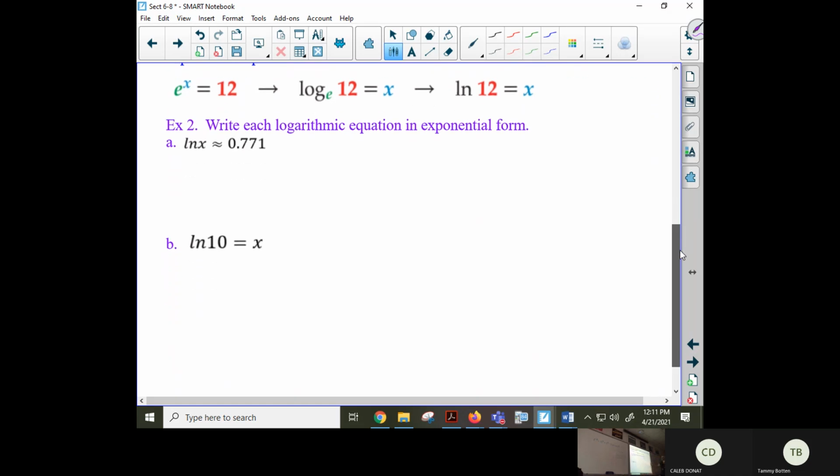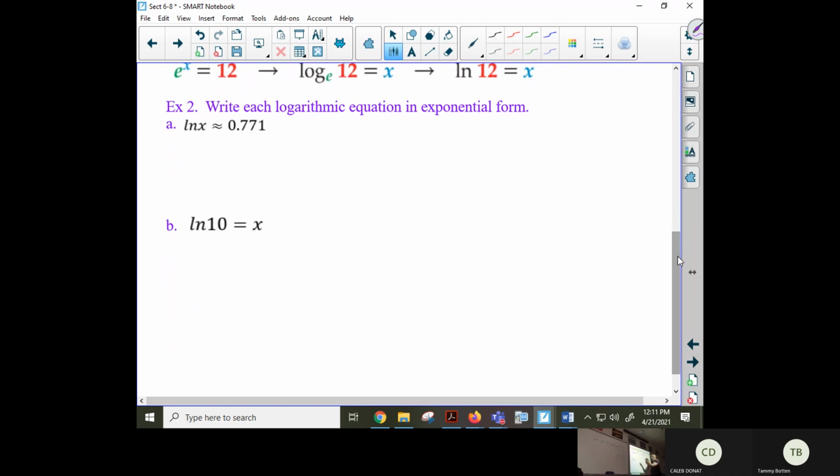If I look at this one right here, the first thing I do is write natural log as log base e of x. You can do those little squigglies for approximately, or just think of it as equals, that's fine. Now I want to put this in exponential form, so I do that loop.